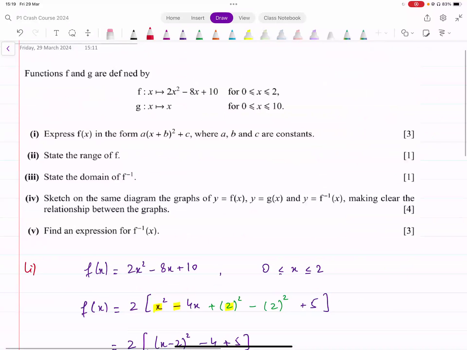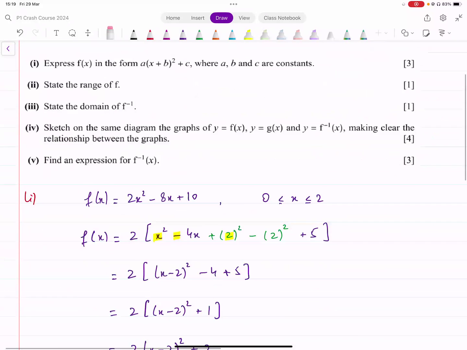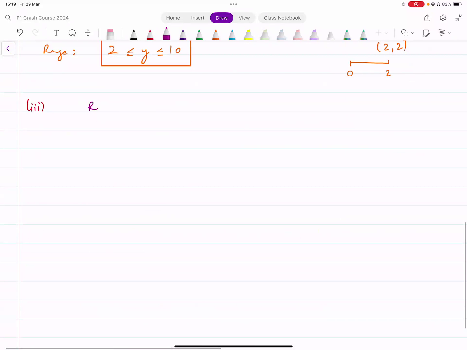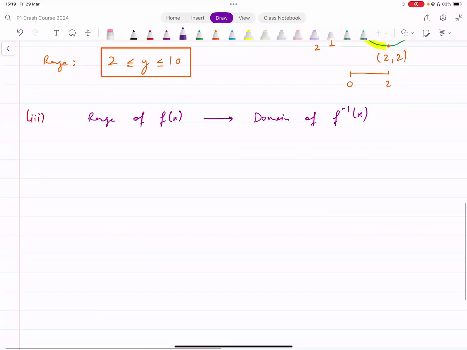What are we looking for? We're looking for the domain of the inverse function. So what we can say is the range of f of x should be the same as the domain of f inverse of x. Now, what was the range of f of x? We just found that here. It was y between 2 and 10. So what's the domain of f inverse then?